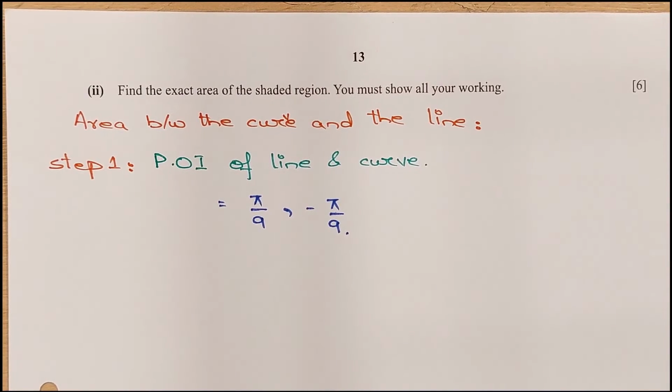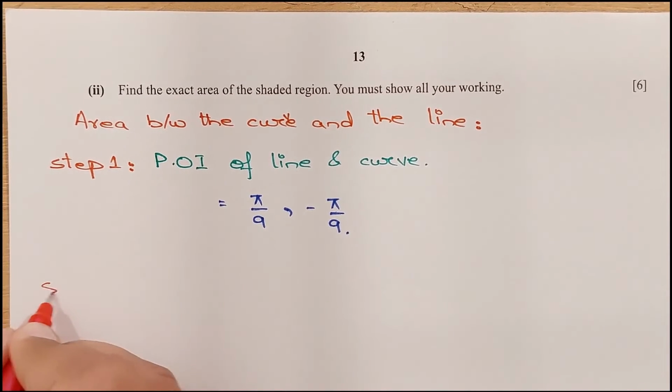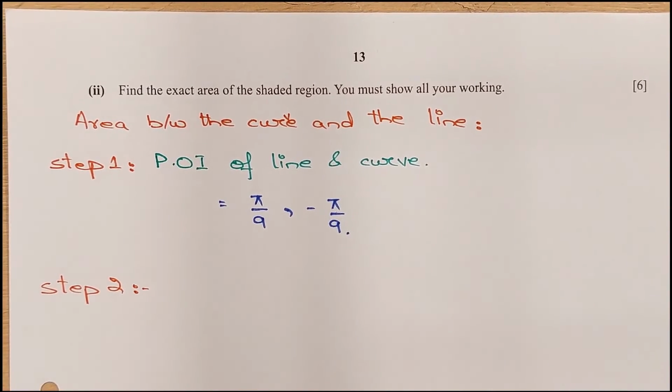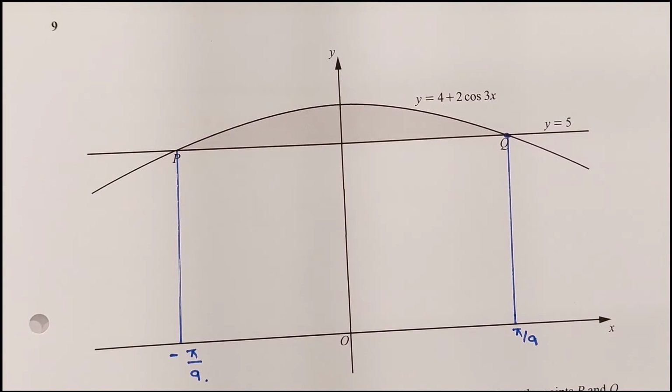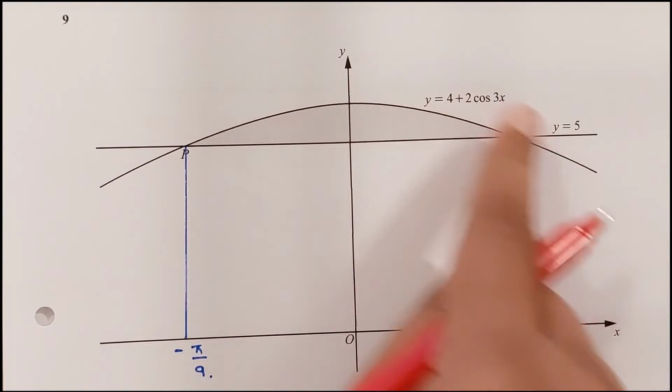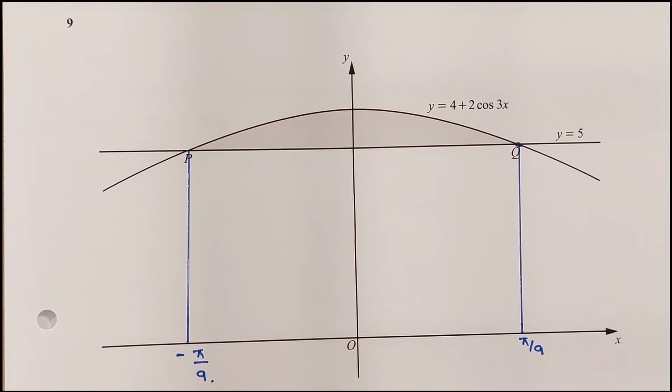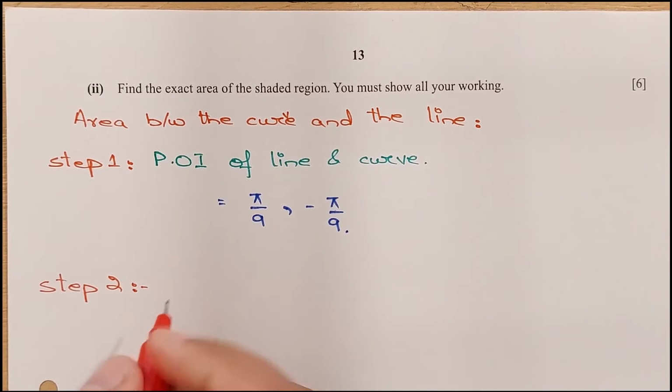Right. Now in the next step, we can say step 2. We have to find the area of the curve. Integrate this curve between these two coordinates and integrate the line between these two coordinates, right? So we have to do area of the line.